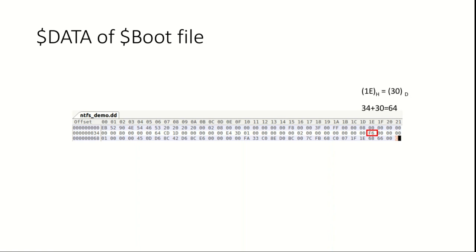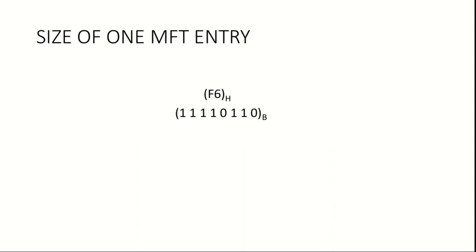We have the value F6. Now there is a special way to interpret this piece of information. First, the retrieved byte is written in binary. Then we look at the most significant bit, which is the leftmost bit.